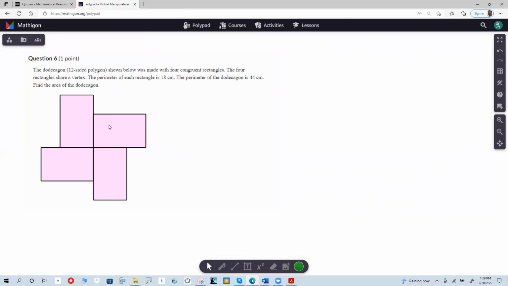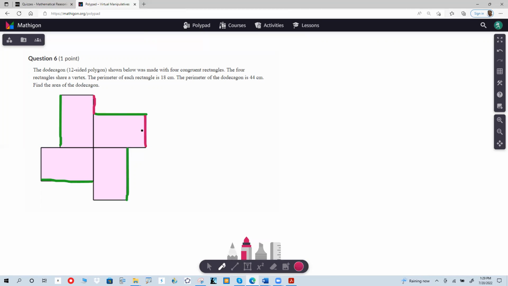This is each rectangle, I'm gonna call it L and W, okay? So this is L. This is L. This is L. No question there, right? Yes, sir. Now this one is a little tricky. I'm going to add this to this.